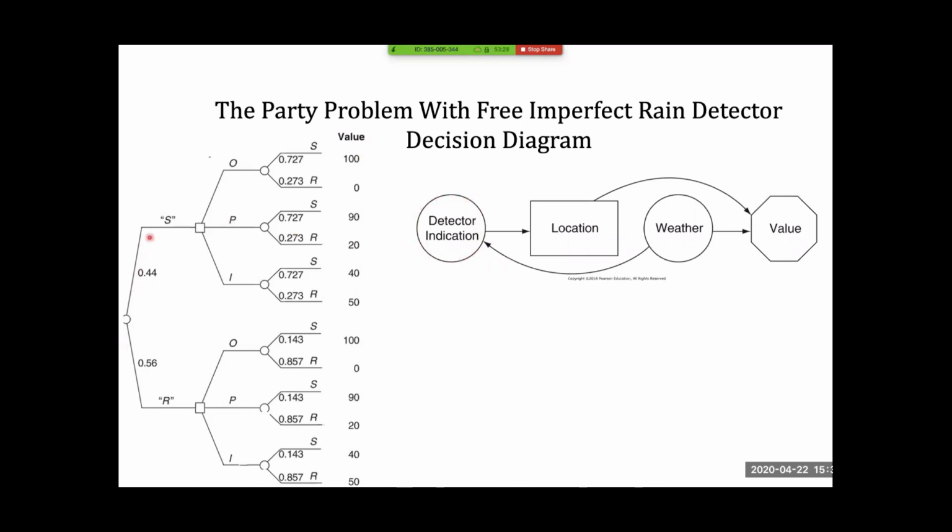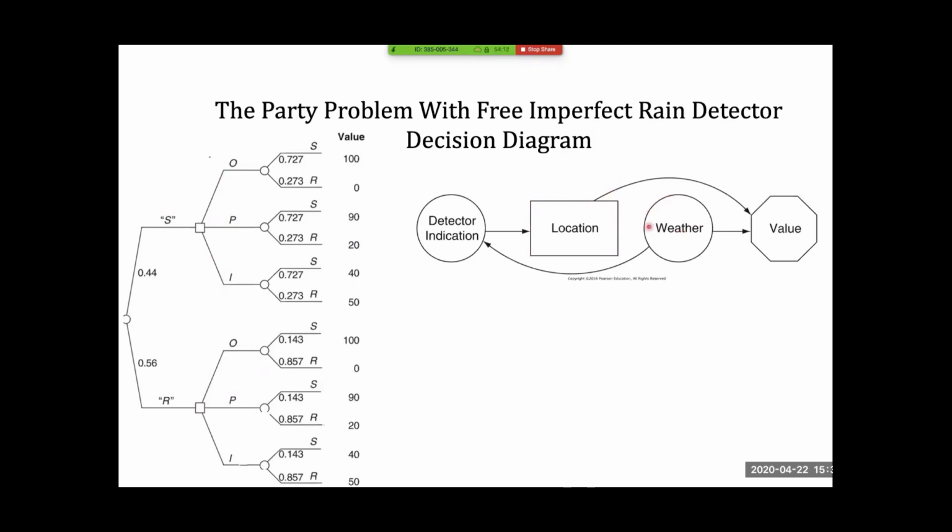Since in this decision diagram you're not sure whether the rain detector will indicate a sunny day or a rainy day, you're using a single-lined oval shape to represent the fact that the detector's message is uncertain at the time of the decision. Then, of course, there is a decision to be made in terms of the location. The square shape of this location node represents a decision to be made.